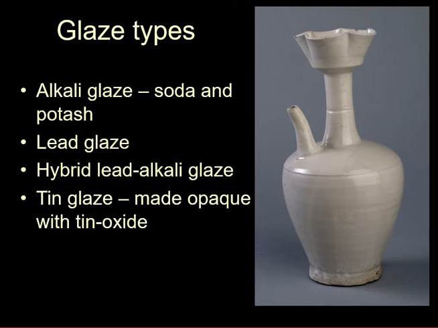There's also a tin glaze, and a tin glaze is not talking about the flux, it's talking about the fact it's made opaque with tin oxide. So now we also have a lime glaze, which has been fluxed with calcium oxide, and this is the common glaze type from China.